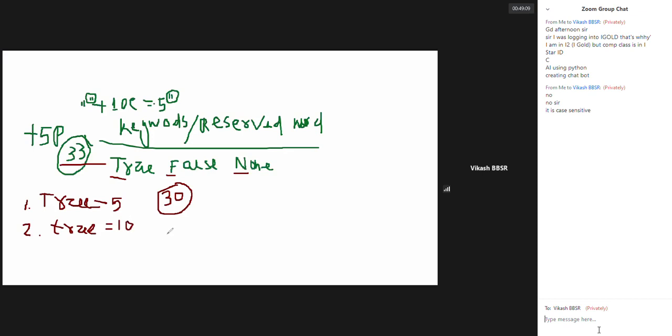Or both are valid? Or both are invalid? Most of you are telling that the first one is invalid and the second one is valid.